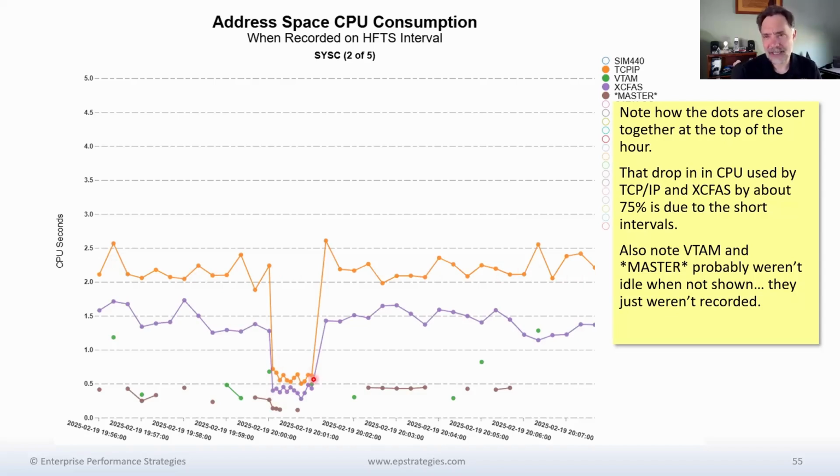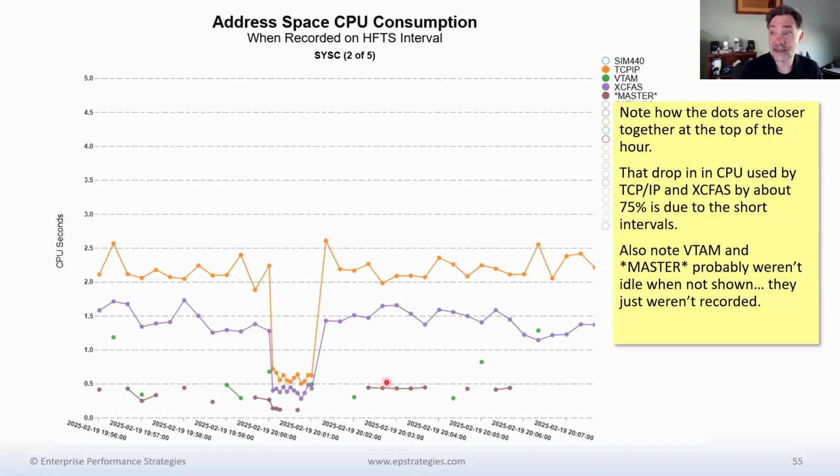That's really probably not what happened. What really happened is, instead of recording this on a 15-second basis or a 20-second basis, I don't remember what this was, it's now recorded on a 5-second basis, and that's why you see it drop to about a third of what it was before. So that's the point here.